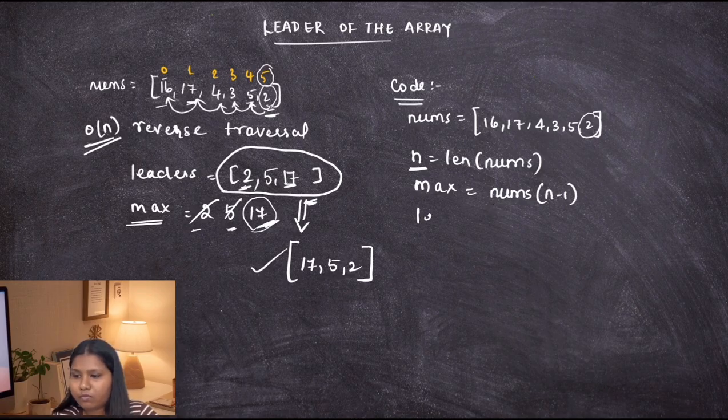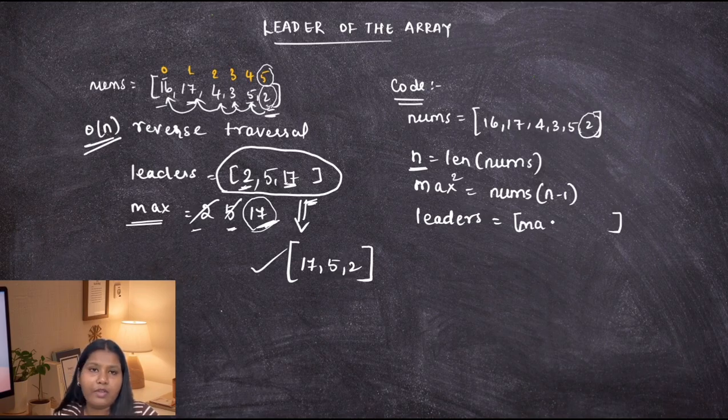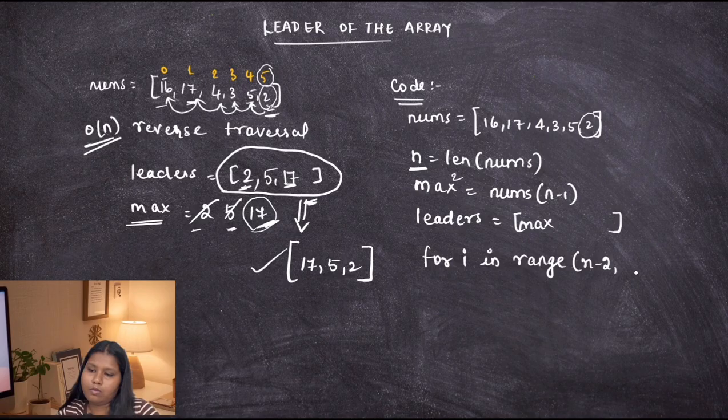Now initialize the leaders list. Whenever I find a leader, I'll add that to this list. As of now, I have 2 in my max variable, so I'll add it. Okay. Now, traverse from the last position. What does this mean?